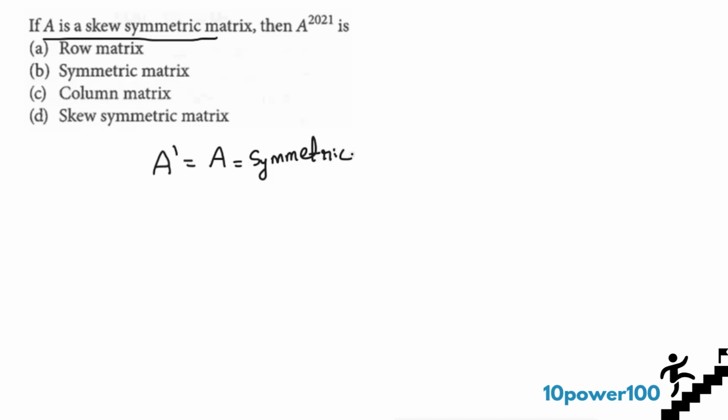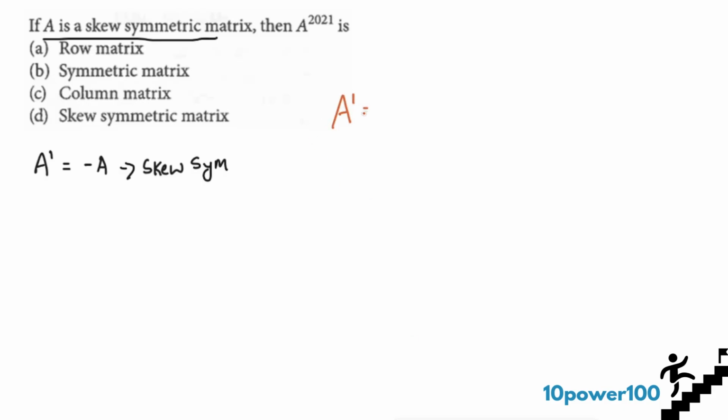But here in this case, they have given skew symmetric. So for skew symmetric, if after taking the transpose you get minus A, then those matrices are called skew symmetric matrices. Okay, now for us, the first one is not so important.